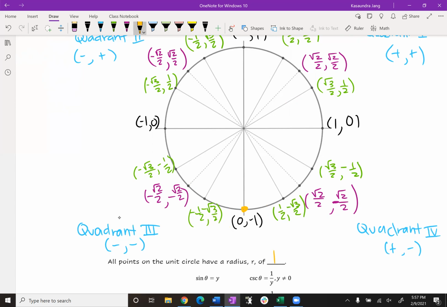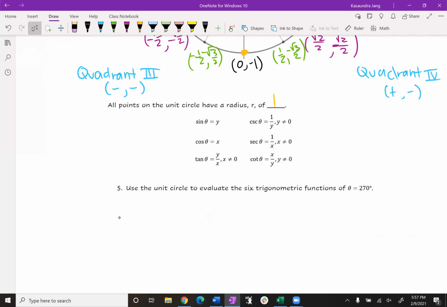All right, and if I know that point, I can find all 6 trig functions. I'm going to do my main 3 trig functions first: sine of theta, cosine of theta, and tangent of theta. Actually, I already know my theta is 270. So instead, I'm going to do sine of 270 degrees, cosine of 270 degrees, and tangent of 270 degrees.